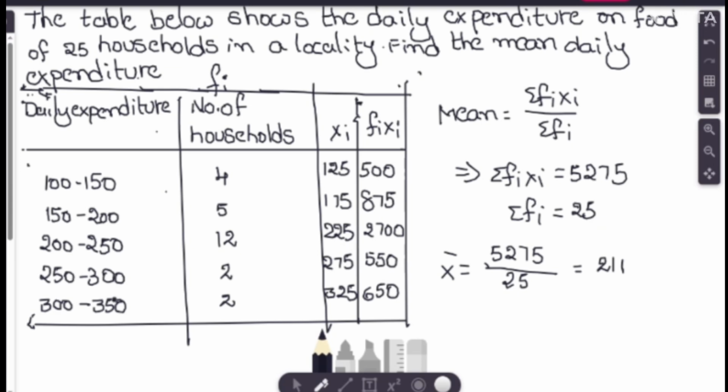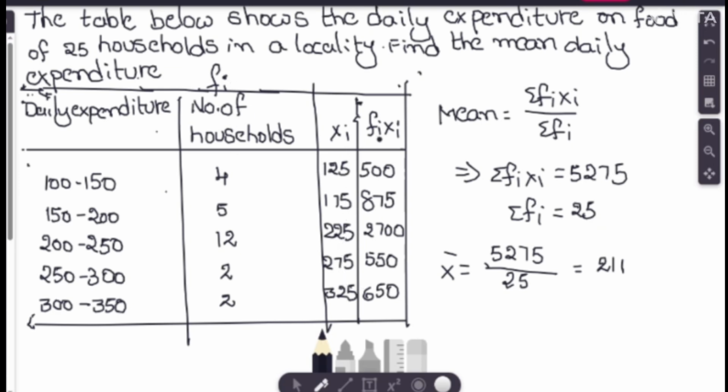Like this you have to find the xi column. Same, 250 plus 300 divided by 2, 275. 300 plus 350 divided by 2, 325. Otherwise the class size is 50, so we can add 50 to each and every xi, then we will get the succeeding one.